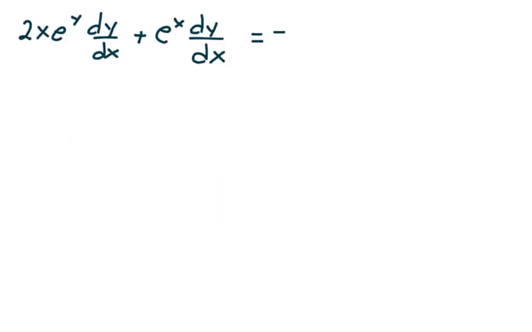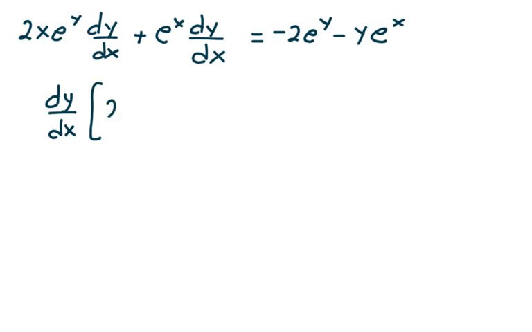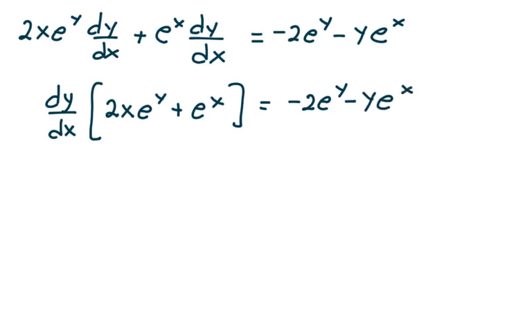So this is negative 2e^y minus y e^x. Factor out a dy/dx. When that happens, in the brackets, I'll get 2x e^y plus e^x. And this is equal to negative 2e^y minus y e^x.